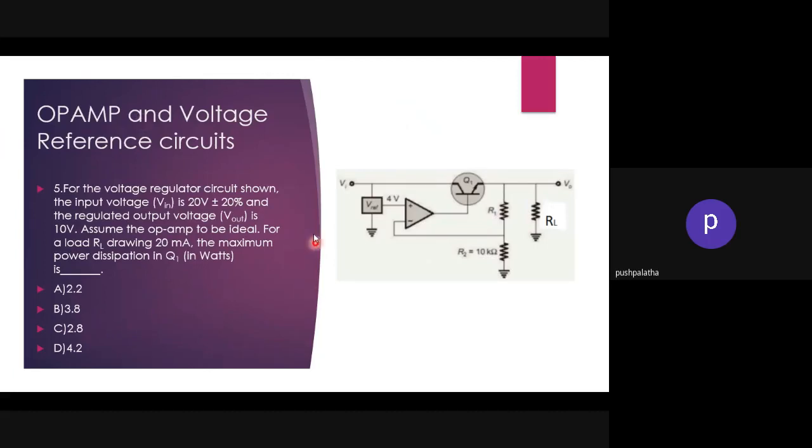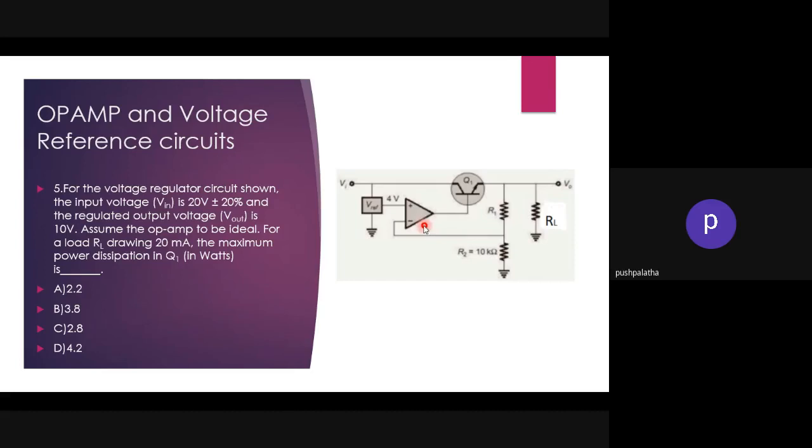For the voltage regulator circuit shown, the input voltage Vin is 20 volts plus or minus 20 percent, and the regulated output voltage Vout is 10 volts. Assume the op amp to be ideal.